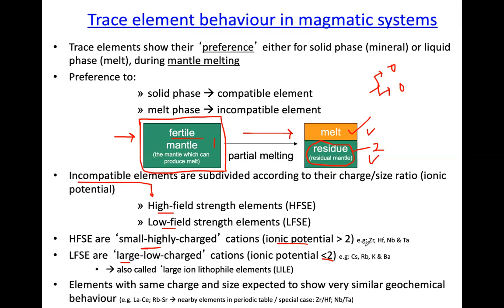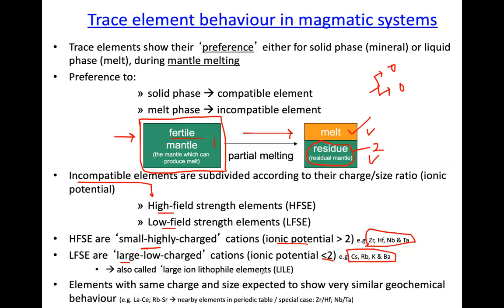So for HFSE, you can name some typical elements like zirconium, hafnium, niobium, and tantalum, right? So these are the typical high field strength elements. And typical low field strength elements, some examples you can consider: cesium, rubidium, potassium, barium, even strontium, right?